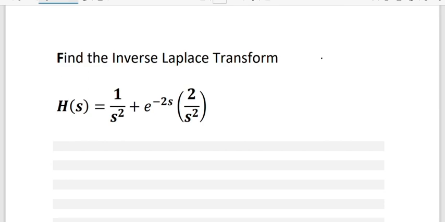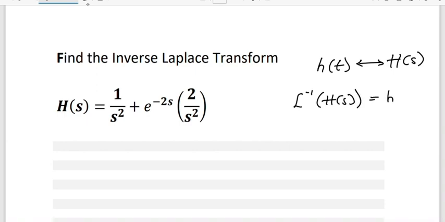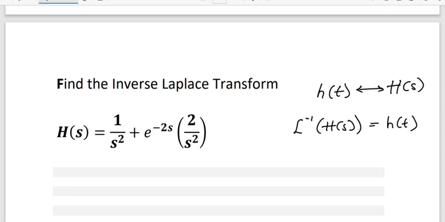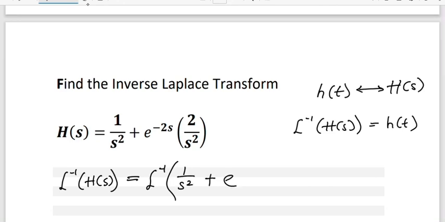For this second problem, we have to find the Laplace inverse of our H(s). We can denote this by the Laplace transform of h(t) is capital H(s). So that implies that the Laplace inverse of our H(s) will simply be h(t), the function of t. If you look at this clearly, the Laplace inverse of our H(s) is the Laplace inverse of 1 over s squared plus exponential negative 2s times 2 over s squared.